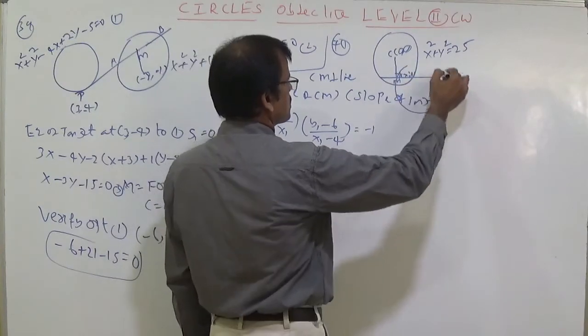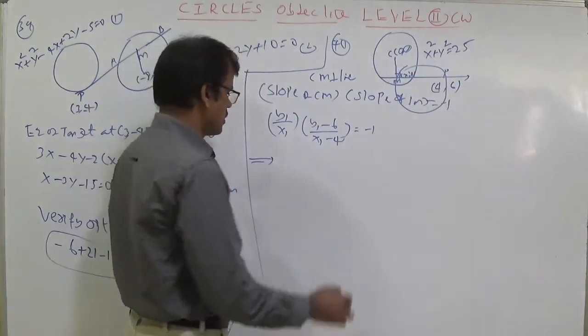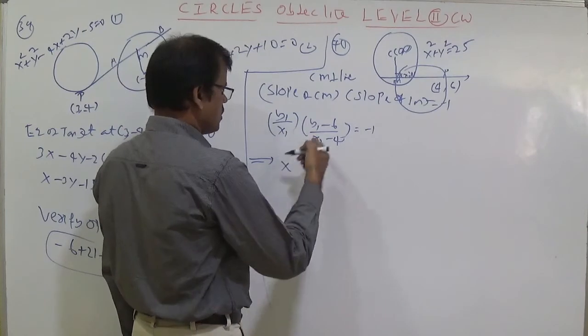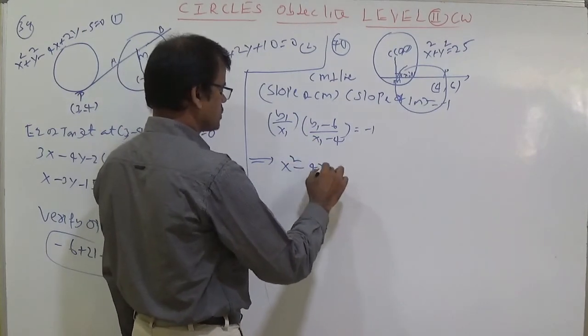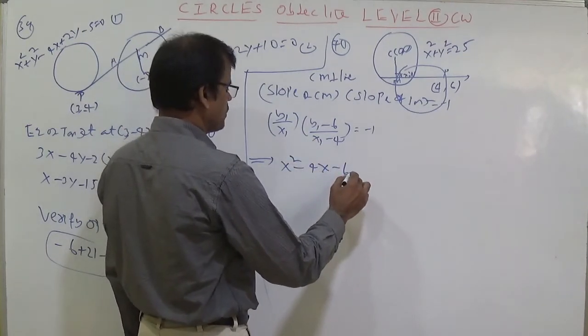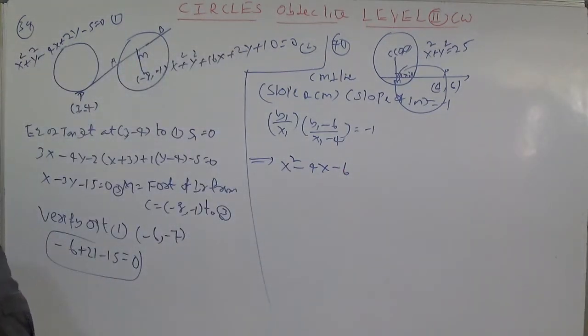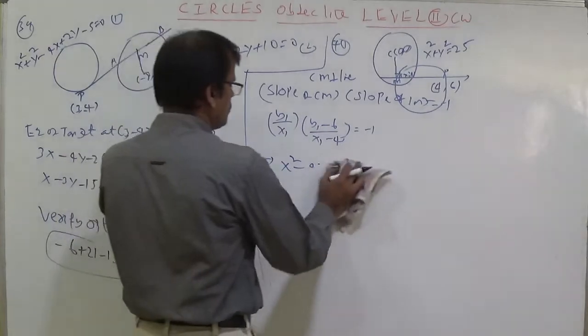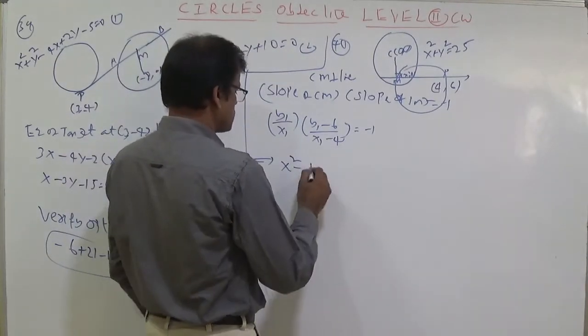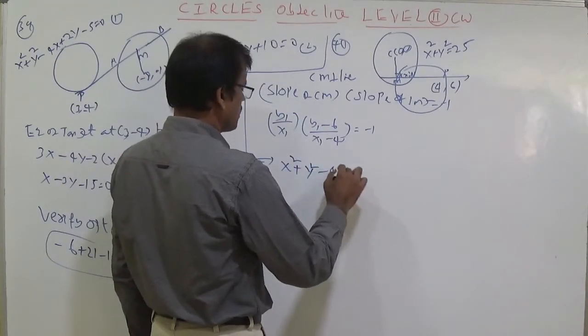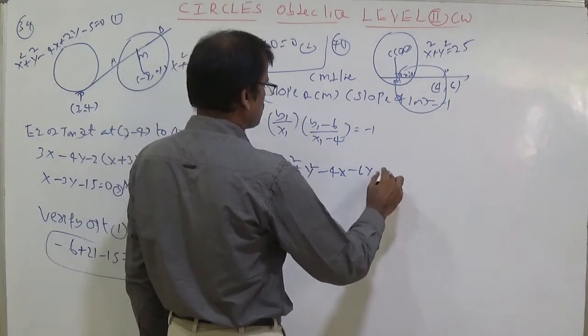This becomes an equation of a circle having the endpoints of a diameter. By taking cross multiplication, you will be getting the answer: x² + y² - 4x - 6y = 0.